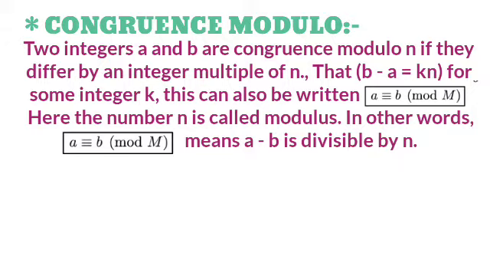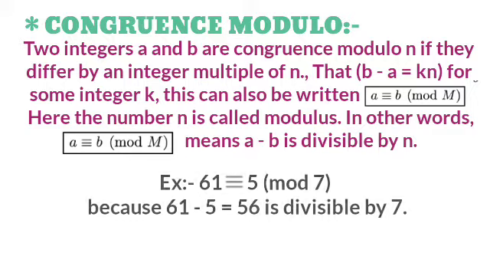Take an example: 61 is congruent to 5 mod 7, which means 61 minus 5, which is 56, is divisible by 7. That's what I said: a congruent to b mod n means a minus b is divisible by n. Here 7 is n.